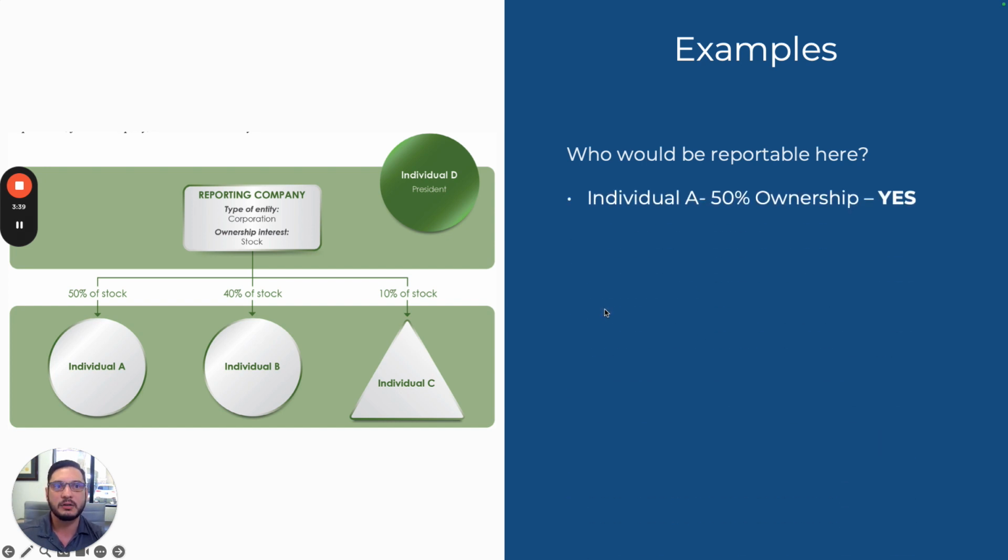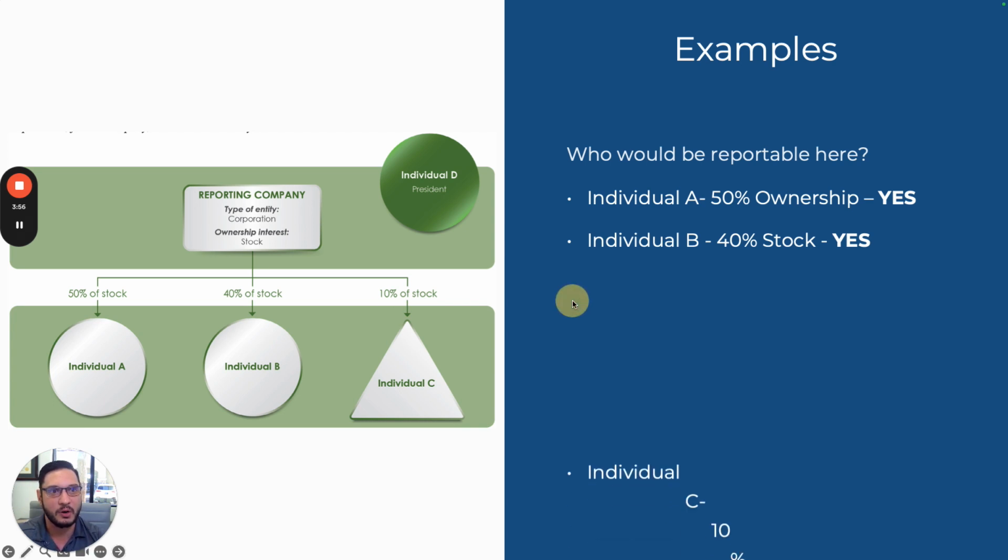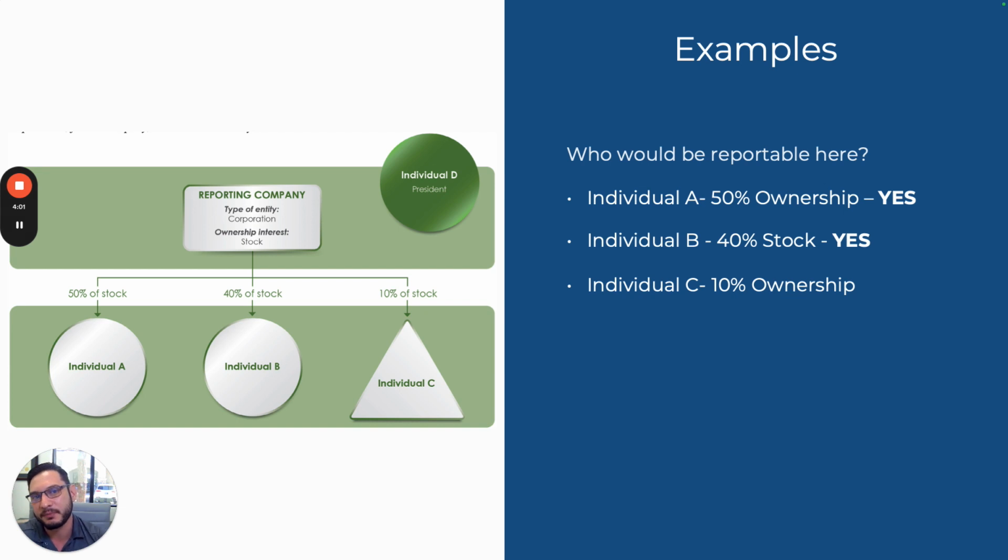So let's see who is going to be reportable. Individual A has 50% ownership, so yes, that exceeds 25%. He or she is going to be reportable. Individual B owns 40%, again, greater than 25%. So that individual is going to be reportable. Individual C has 10% ownership.